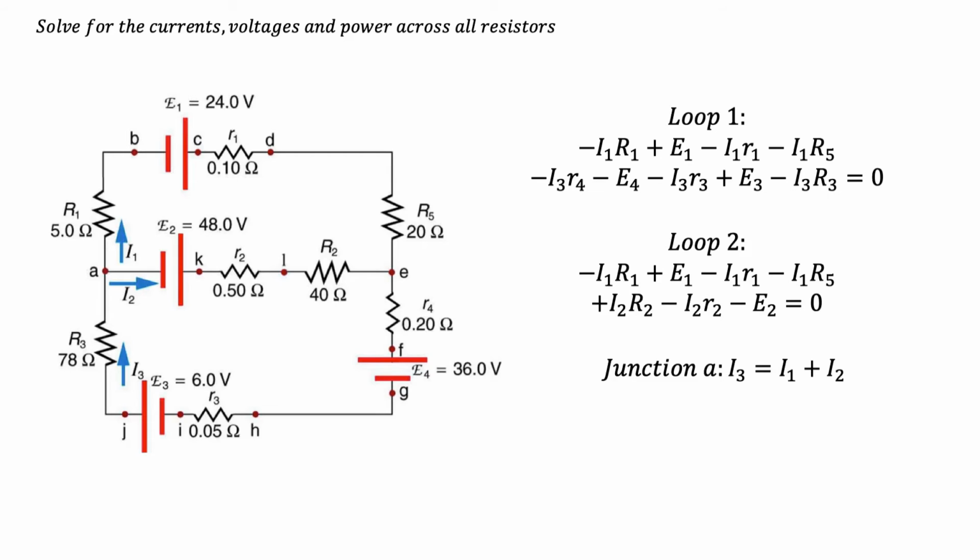For loop 2, we have minus I1 R1 plus E1 minus I1 r1 minus I1 R5 plus I2 R2 plus I2 r2 minus E2 equals 0.